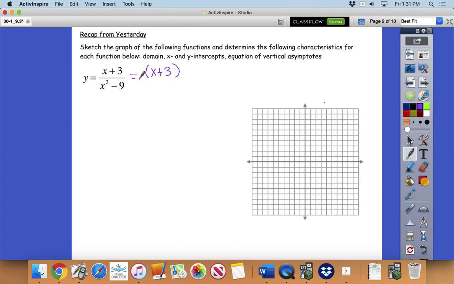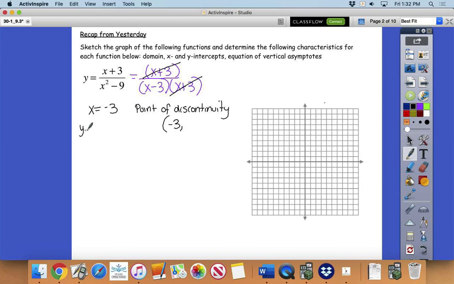At the bottom, we can factor the difference of squares as x minus 3, x plus 3. So what you'll notice is that these two factors cross off. So we know that there is going to be a hole at x equals -3. So the point of discontinuity is -3, and let's look at the y coordinate.